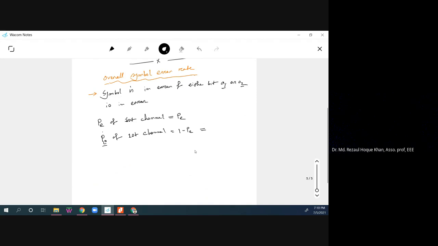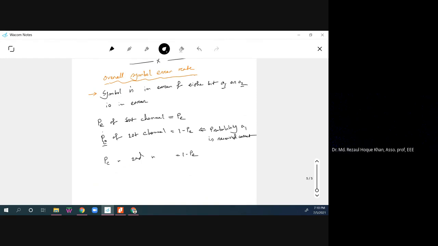This gives us the probability that A1 is received correctly. Similarly, PC of the second channel will also be 1 minus PE.